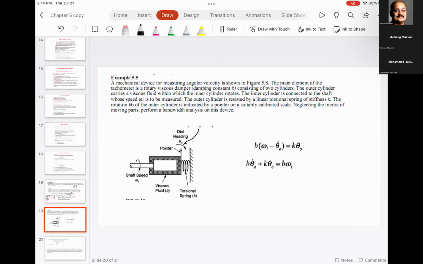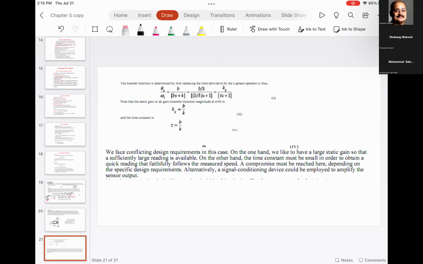First and foremost, if you think about it, this dynamical system can be expressed with the same expression that we talked about, a spring mass system. So you have the spring mass system that is describing the motion of the pointer. If you take the Laplace transform on the left hand side and the right hand side, you can come up with this nice transfer function.